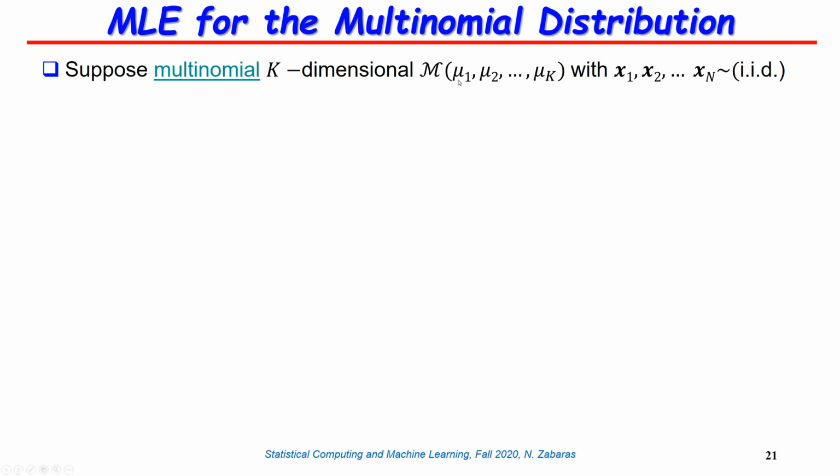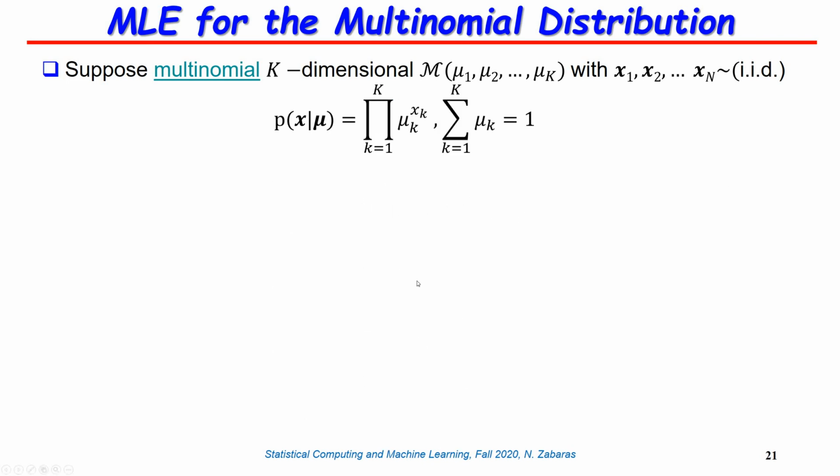Remember, we have a coin with k different states, and in each experiment the probability of hitting state 1 is mu1, the probability of hitting state 2 is mu2, and so on up to mu subscript capital K. We have this IID data. These are k-dimensional vectors that only have one of their elements equal to 1 and all other elements equal to 0.